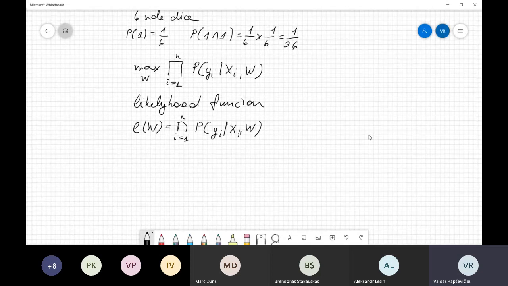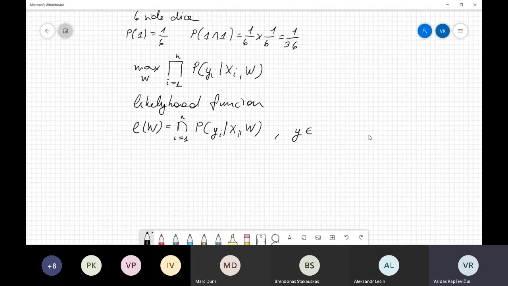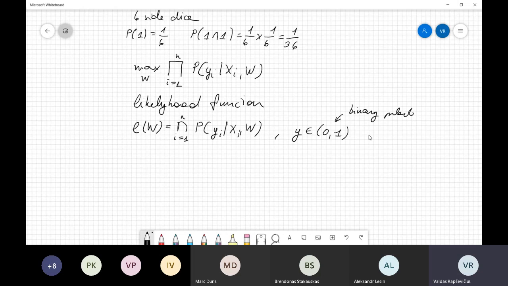Since our problem is a binary problem, with the class taking values 0 or 1, the likelihood function can be rewritten so that we don't use a different class for every event.